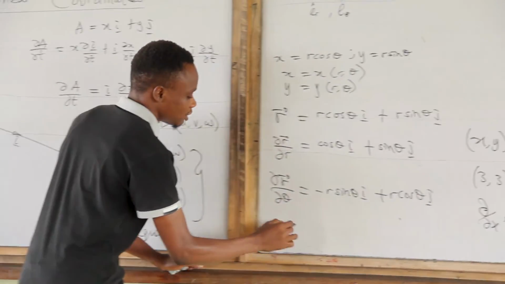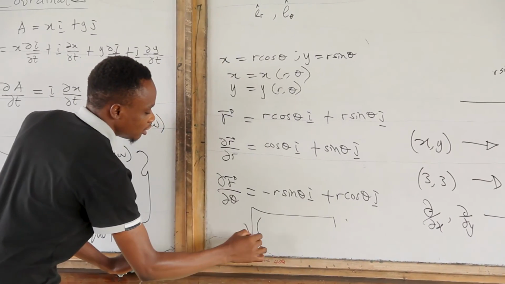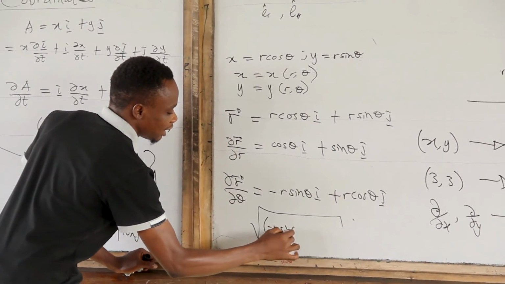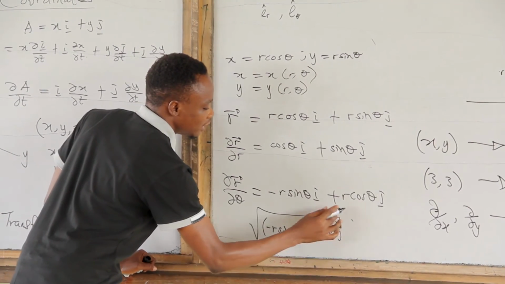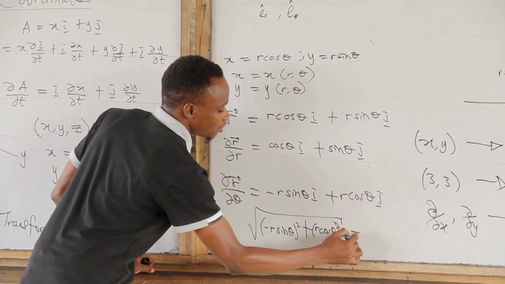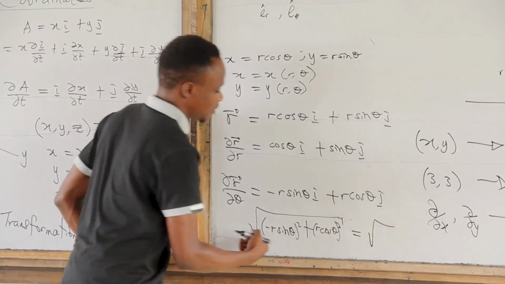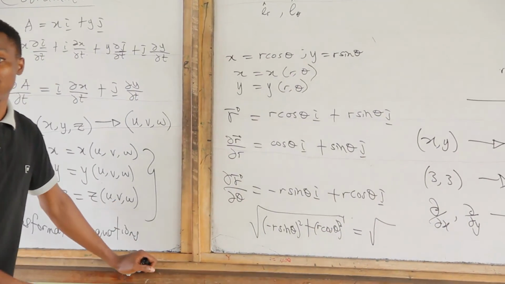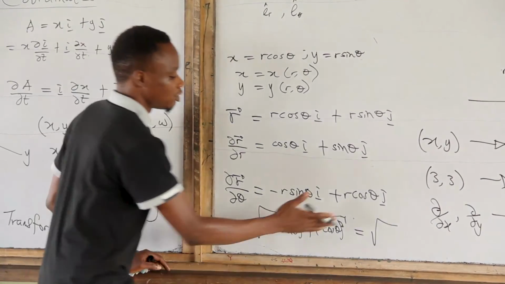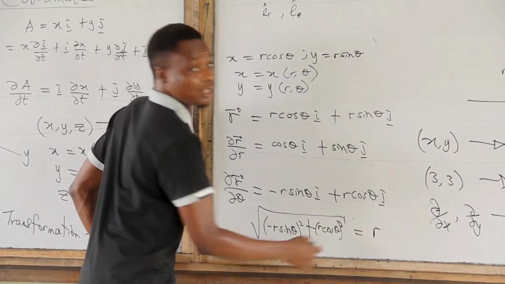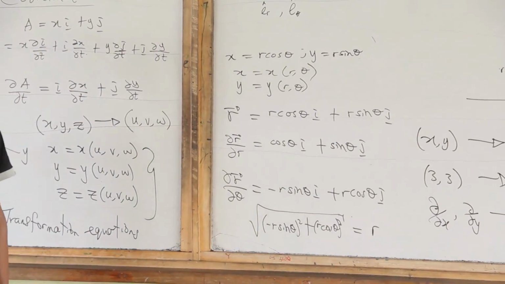To find out the magnitude, that will be the square root of minus r sin theta all squared plus r cos theta all squared. Is it making sense? So this is going to be what? Square root of, I can move out the r squared, that will be r into cos squared theta plus sin squared theta. So that is going to give us r. Is it clear?